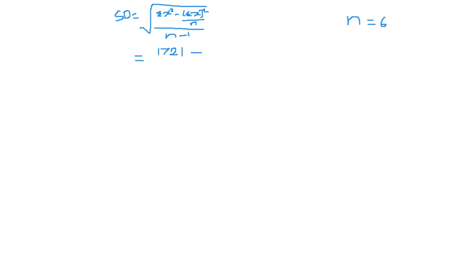Okay, 9025. And that is over 6, because n equals 6. Okay. And then it will all be over n minus 1, which is 6 minus 1. I think we can just do that in our heads, hey? 5.